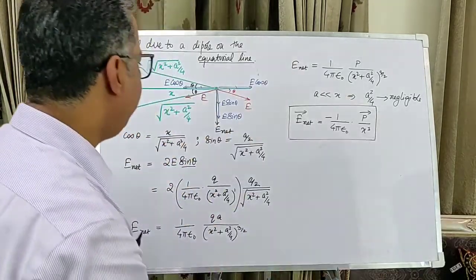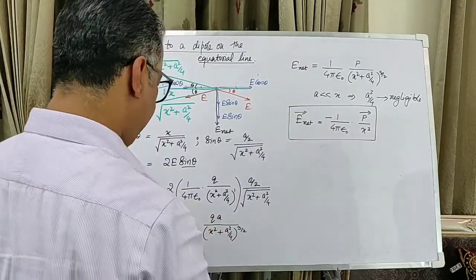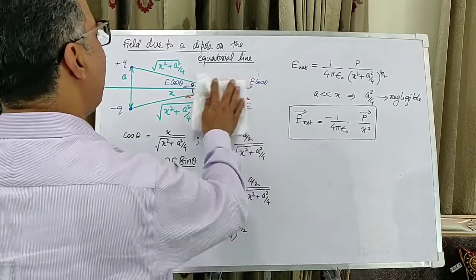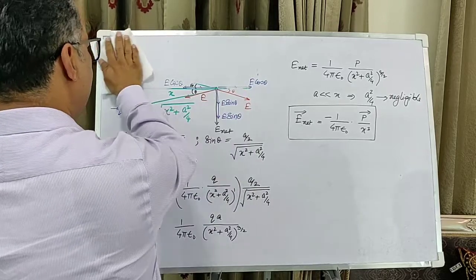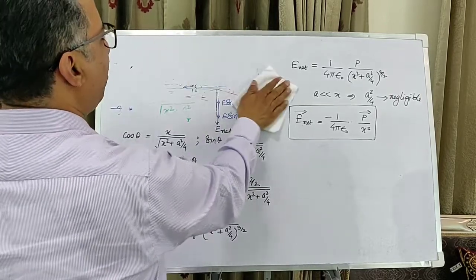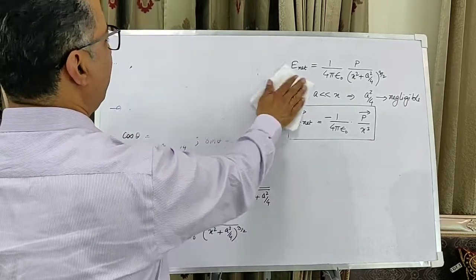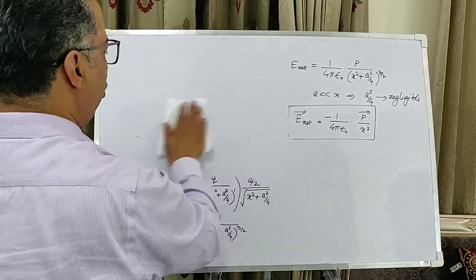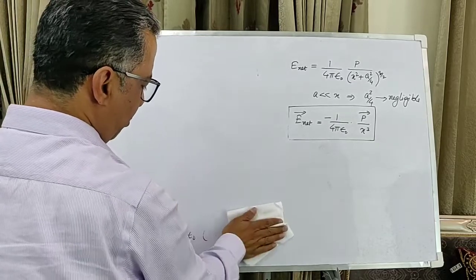Now we've seen the electric fields due to a dipole on the axial line and the equatorial line. Let's now try some arbitrary point, some point which does not lie either on the axial line or on the equatorial line.